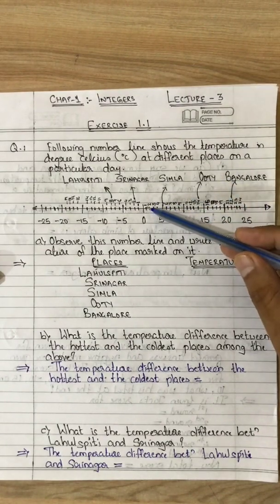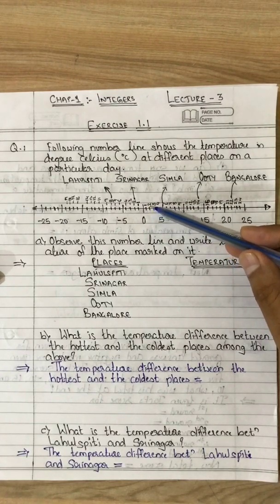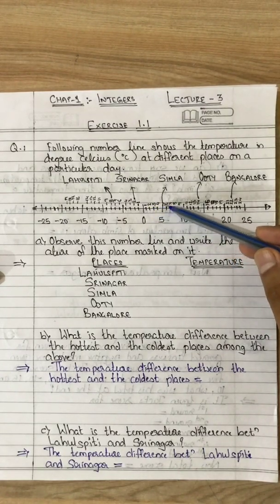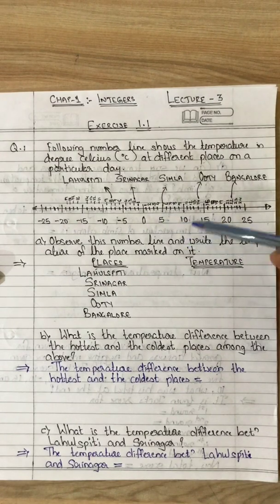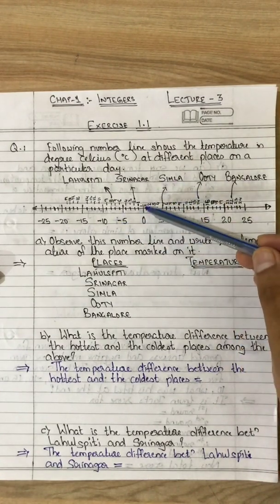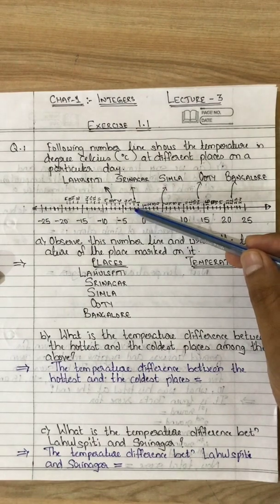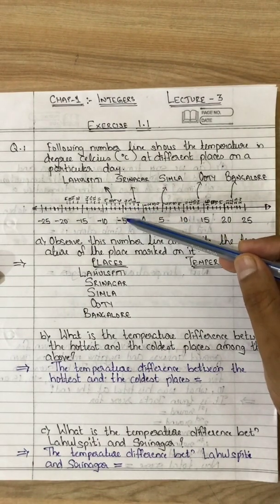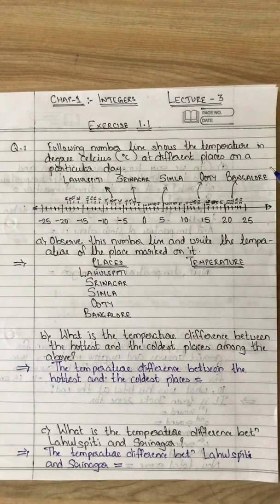The smaller dashes are degrees 1, 2, 3, 4 and the bigger one is 5. Then again 6, 7, 8, 9 and 10 and so on. If we go to the left side, it is -1, -2, -3, -4 and the bigger one -5.